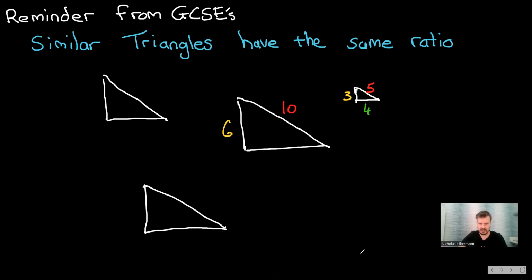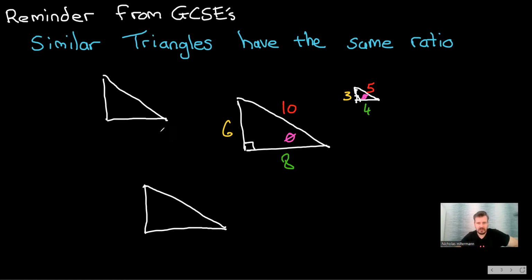So it'd be 6, 8, 10. And you can see if it was triple the size, it would be 9, and you would times the 4 by 3, and so you could have a 9, 12, and 15. So all in the same ratio. That is the idea that if these triangles are similar, they all have the same angles. So that would be a theta, and this would be a right angle, and this would be a right angle.